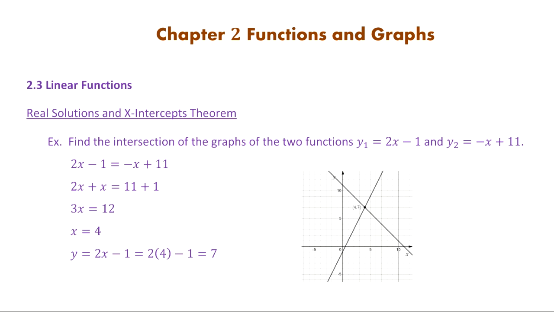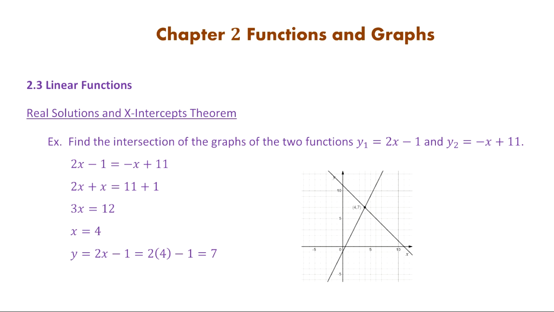And then you just plug in 4 for x into any of those equations, y1 or y2. You are going to get the same answer for the y coordinate of the intersection. For example, if you plug in 4 for x in the first equation, y1 equal to 2x minus 1, you get 2 times 4 minus 1, which is 8 minus 1, you get 7.